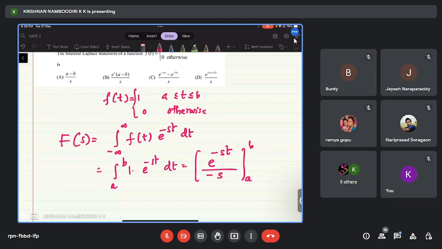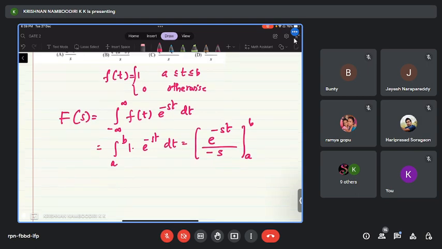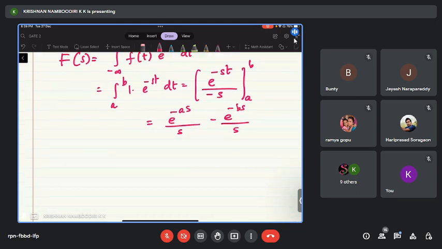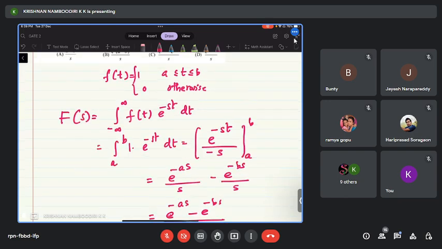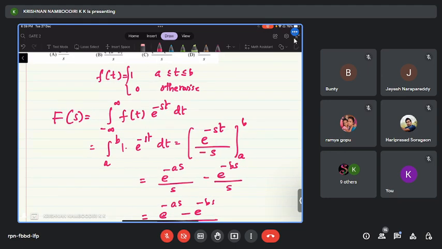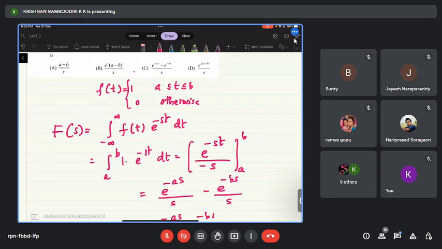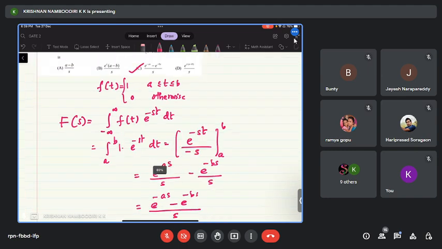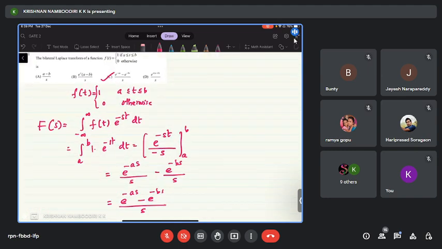Which is equal to e power minus as divided by s minus e power minus bs divided by s. So this is equal to e power minus as minus e power minus bs, divided by s. Does everybody agree with this? So the answer to the question is option C.